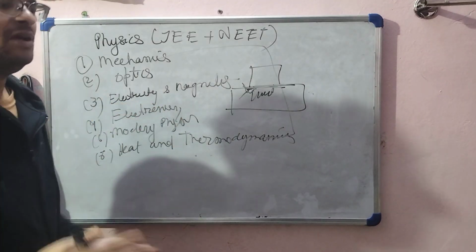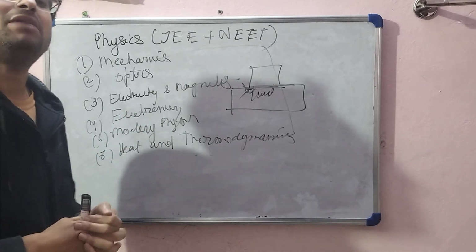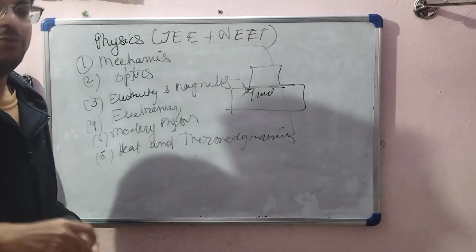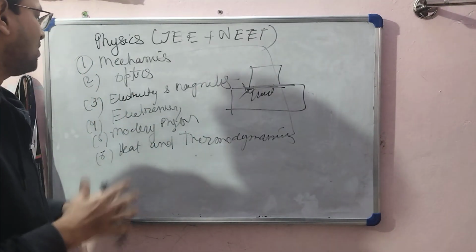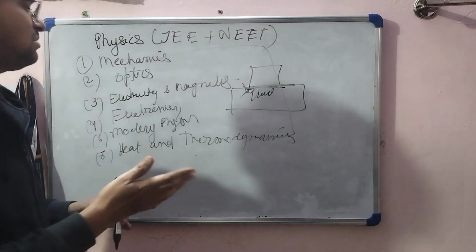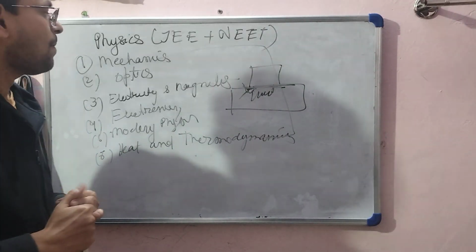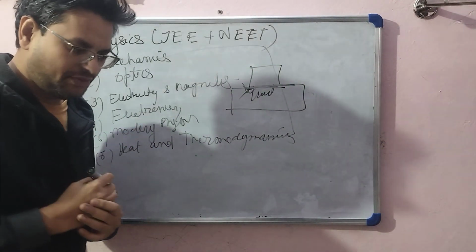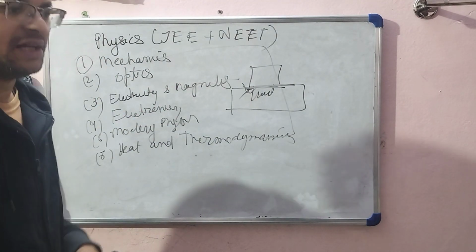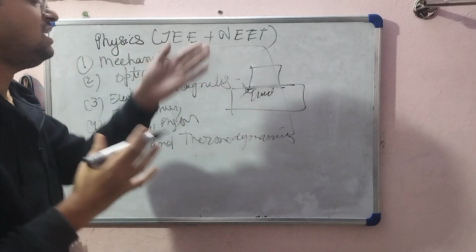Magnetism: there is a magnet, artificial magnet, permanent magnet. Modern physics is when the quantum theory was produced, like atomic structure, modern physics, and heat and thermodynamics. So we will start with mechanics and optics. The devices are here, and different devices are also conceptual physics for JEE and NEET.